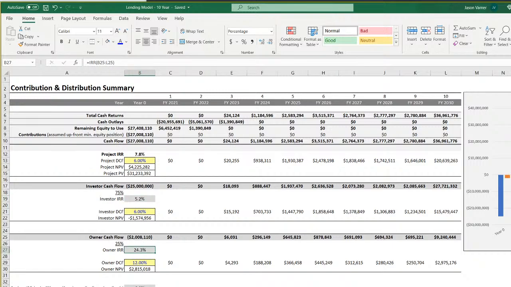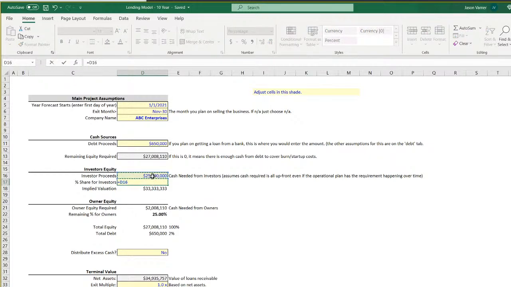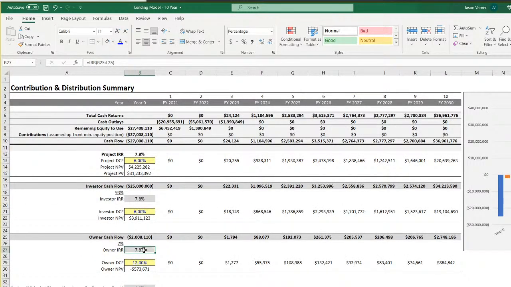Now, if you did exactly the amount that they're getting back, like if they give 75% of the cash and they get that much share, then the internal rate of return will be exactly the same for investor versus sponsor. So if I did this divided by this, 92%, you could see, go over to distributions, look at now they're exactly the same internal rates of return because it's just pari passu.